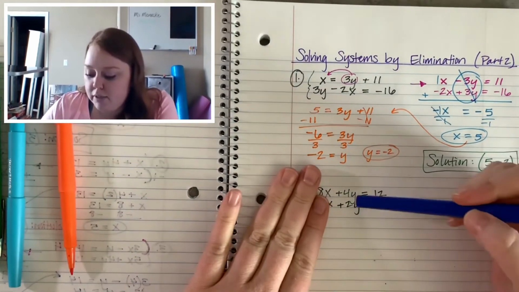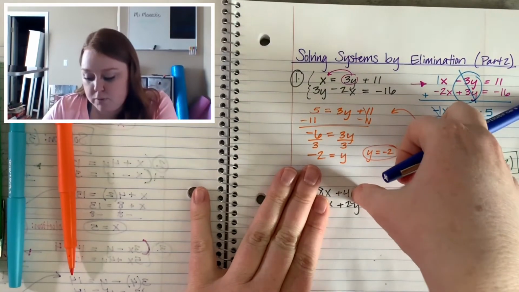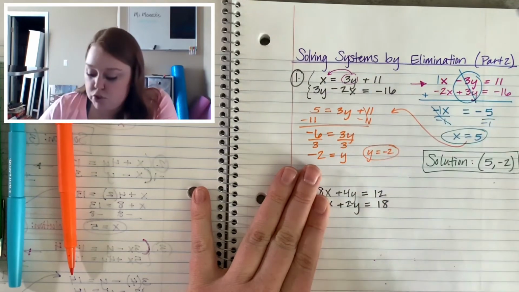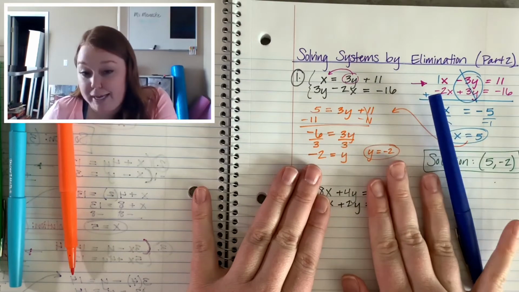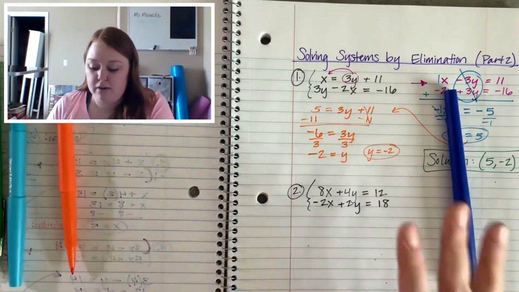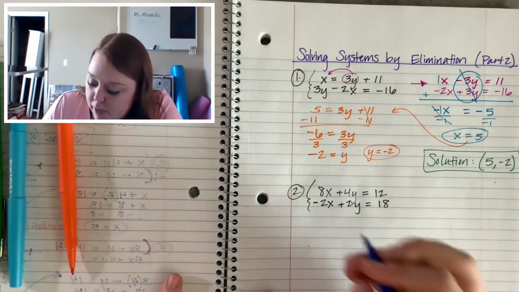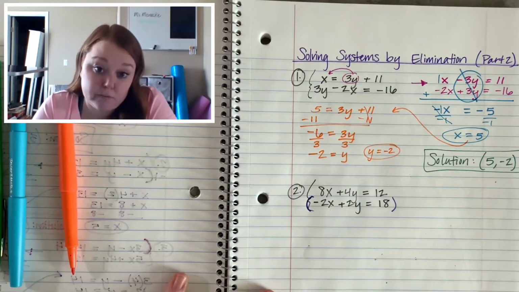If I wanted my y's to cancel out, I have a positive 4, which means I want to make that a negative 4y. So to do that, I would times everything in the bottom row by negative 2. So it doesn't matter. You both are going to work out to be the same, okay? But I do know that the smartest move is to times this bottom row by something.